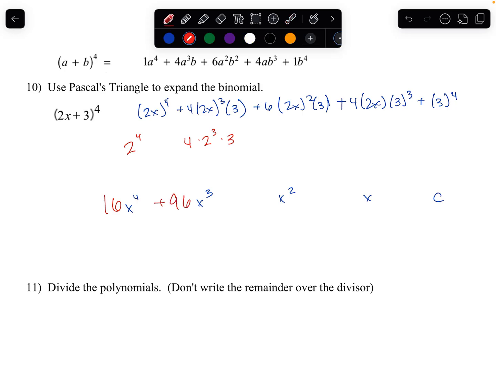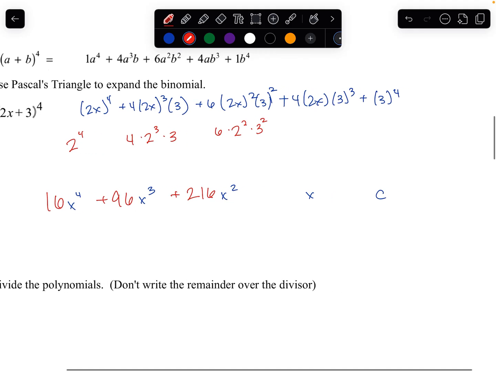The next number is going to be 6 times 2 squared times 3. That should be squared right there, right? So we have 3 squared, yeah. So that's going to be 6 times 4 times 9. So that's going to be plus 216. Then we're going to have 4 times 2 times 3 to the 3rd.